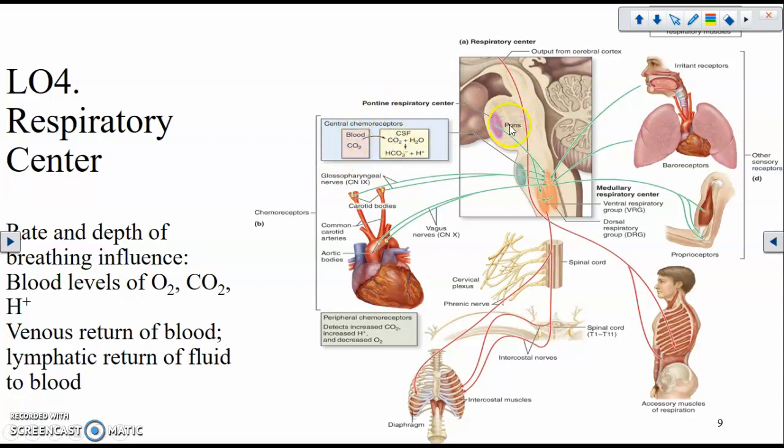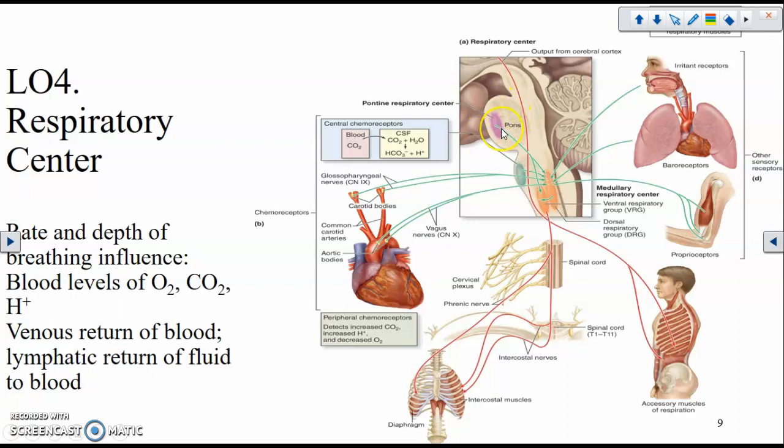Now, the pontine respiratory area, which is the apneustic and the pneumotaxic area, also controls the rate and depth of respiration. So the apneustic area is predominantly responsible for slowing down. So you actually have irregular, gasping-like respirations when the apneustic area is active.